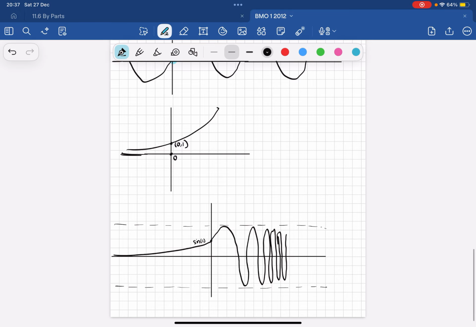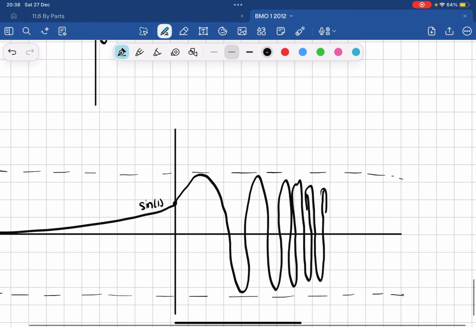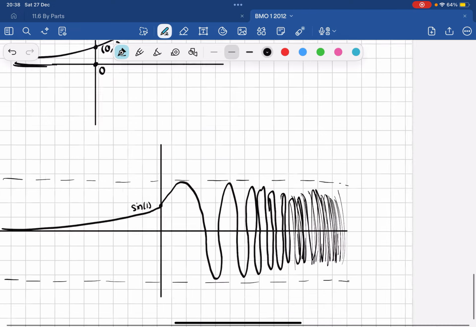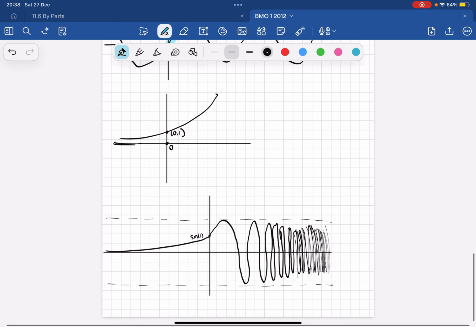And then between peaks, the gap would be small, that essentially would just look like a scribble of lines just put together. The gap is really small. And that's what sine of e to the x looks like.